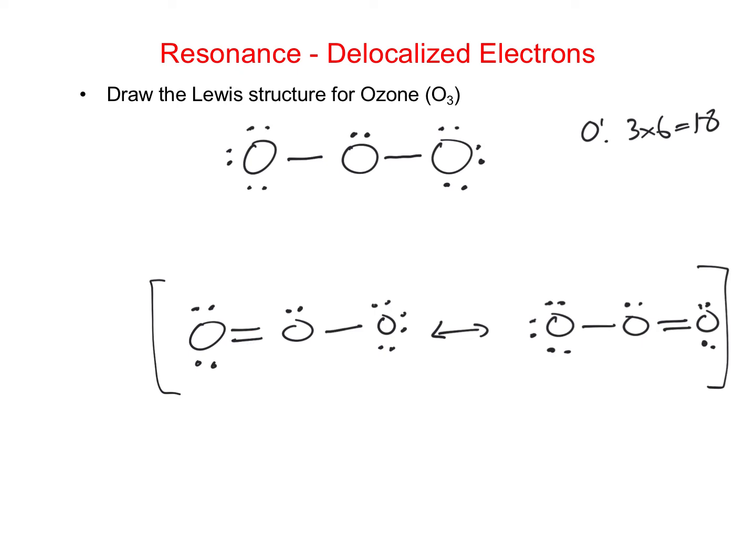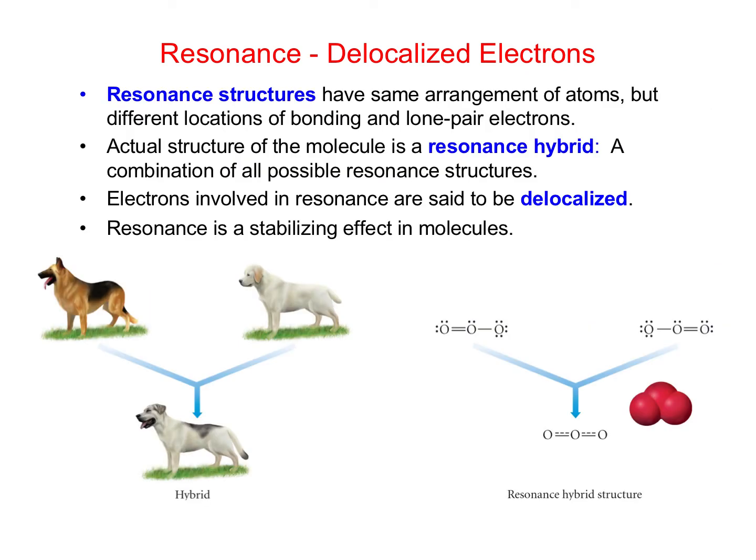And it turns out that's not the case. So when we have this situation where there are multiple ways of arranging the electrons so that all of the atoms have a complete octet, like we had in the case of ozone, the actual structure of the molecule, so what the molecule actually looks like, is a hybrid or a combination of all of the different possible structures that we call resonance structures that we can draw.